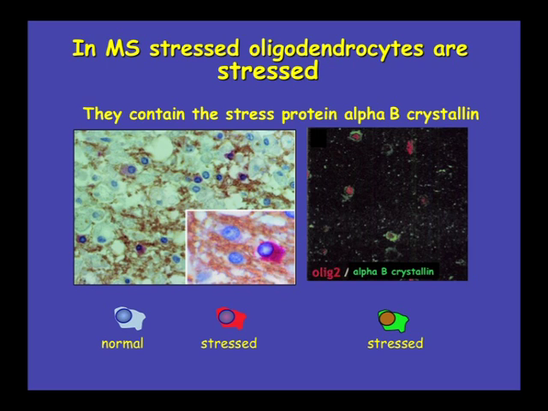It produces a stress protein called alpha-B crystallin. And this is in a section of a preactive lesion. These are the oligodendrocytes. Some of them become stressed and some of them are normal. And here we've done a stain to show how many of these oligodendrocytes are actually stressed.